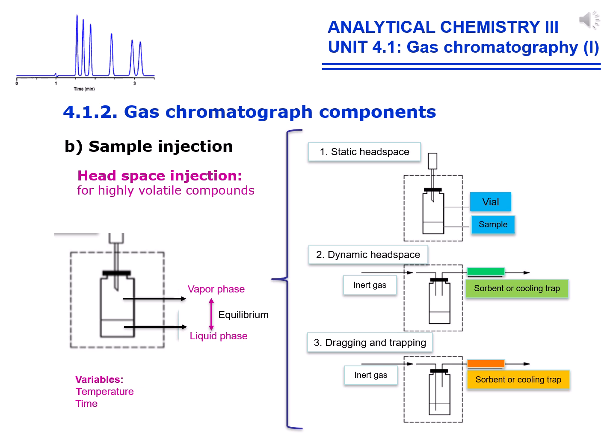As soon as the components vaporize, they are cold-trapped. After a certain time, the sampling is finished and the amount collected in the trap is desorbed. And dragging and trapping, a variation of the previous one: now the carrier gas bubbles through the liquid phase, dragging the volatile components from the liquid phase core.